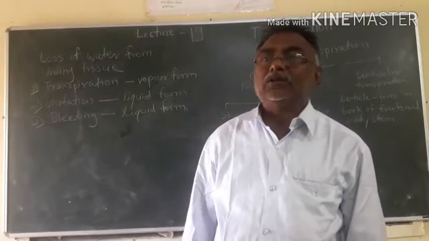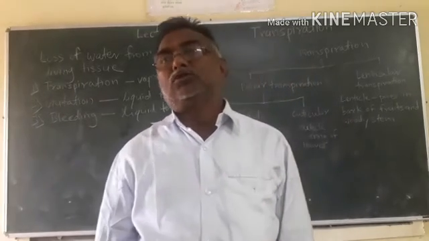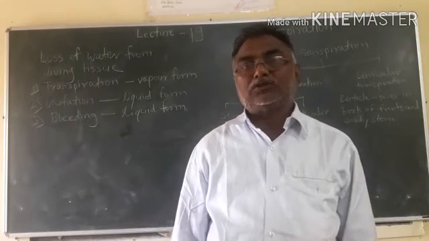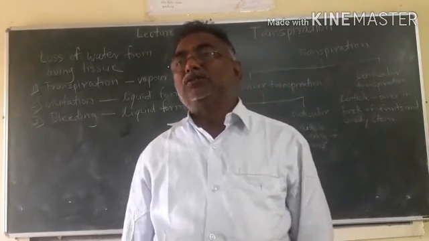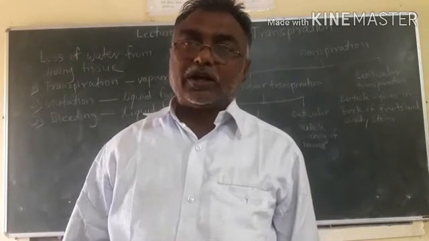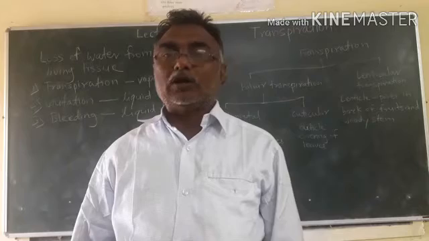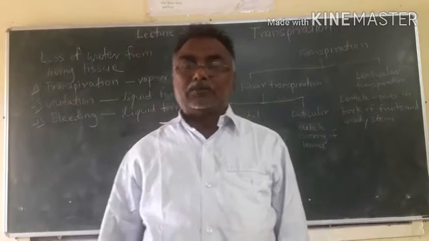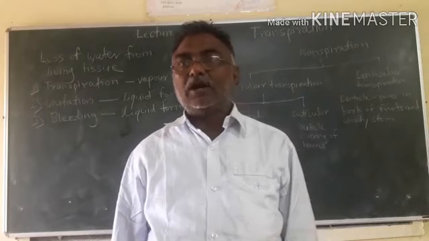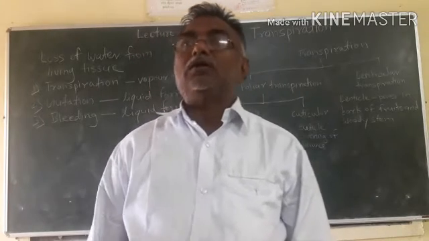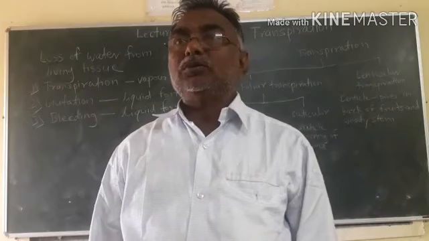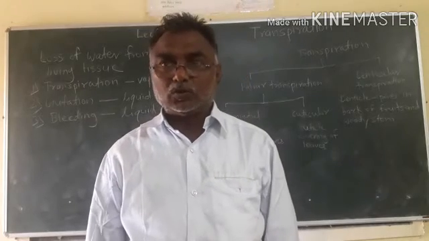Different plants have different types of roots: adventitious root system, tap root system. Some plants have primary roots, secondary roots, and rootlets. So different types of root systems are there in different plants, and roots absorb water and dissolved minerals and substances from soil water.